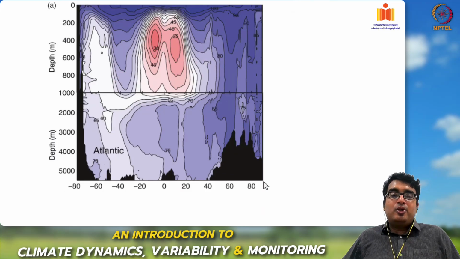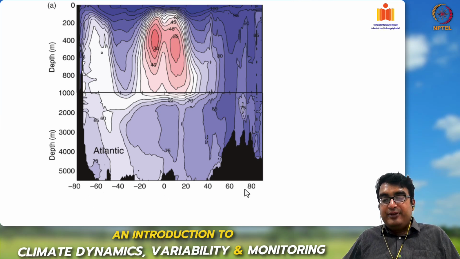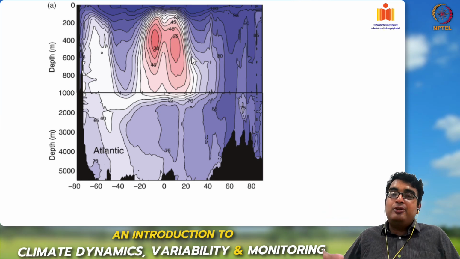So this is the oxygen concentration in the Atlantic contoured along the depth and along the latitude. This is the northern hemisphere, this is the southern hemisphere, this is at the surface, this is the deepest part of the Atlantic, which is 5,000 meters deep. What is interesting to note is that the most oxygen depleted water is not in the deep oceans at all, but in the intermediate layers in the thermocline region of the subtropics and the equatorial region.